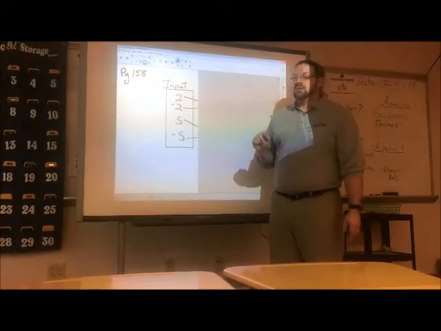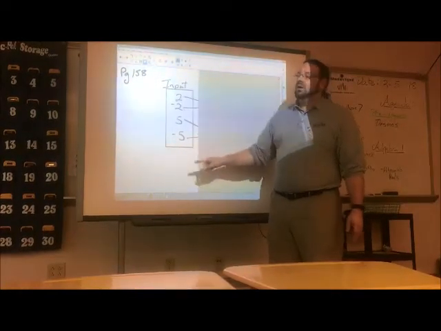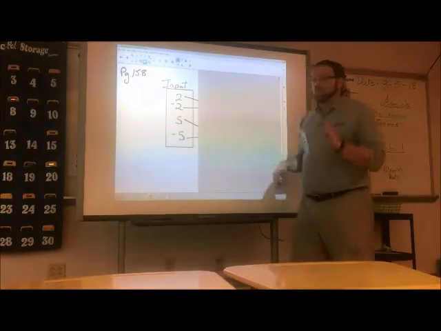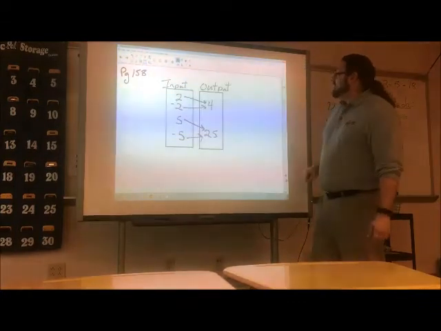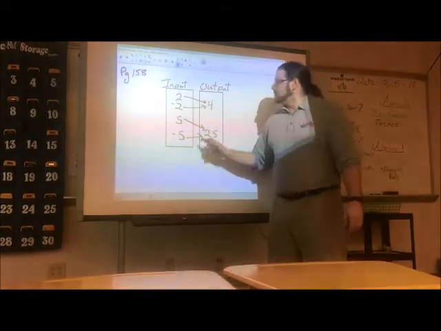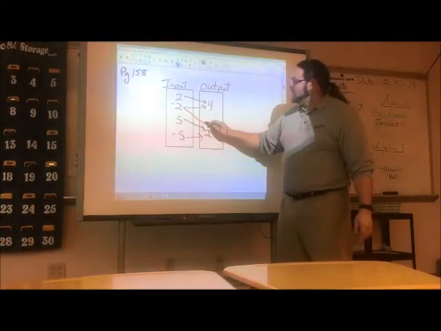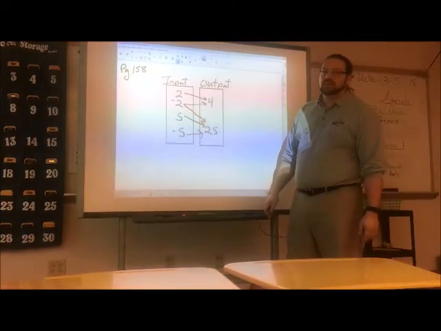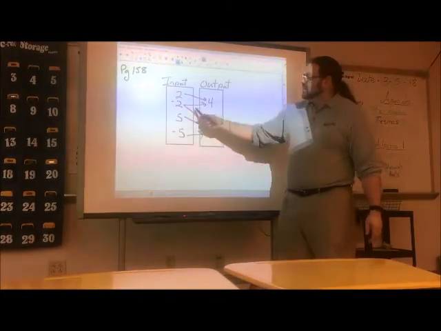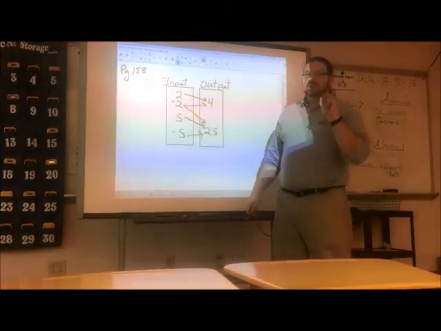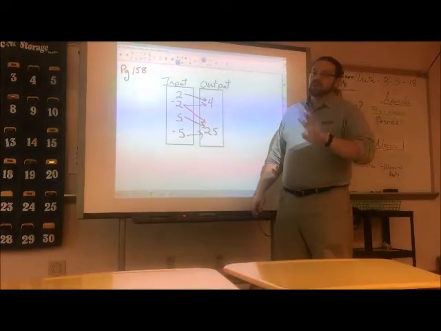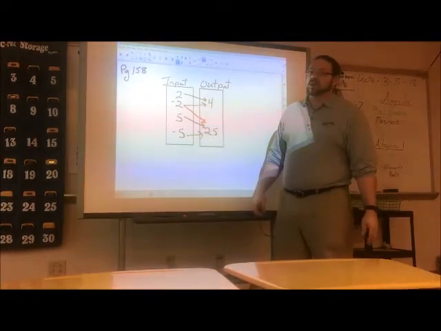That represents a function because every input only has one output. If we were to change this and take this negative 2 and draw it down to 25, now this input has 2 outputs, so therefore it would no longer be a function.